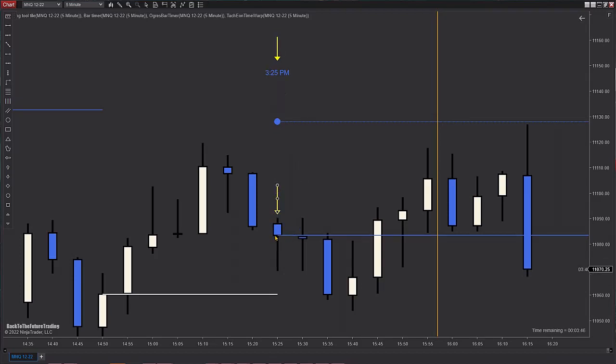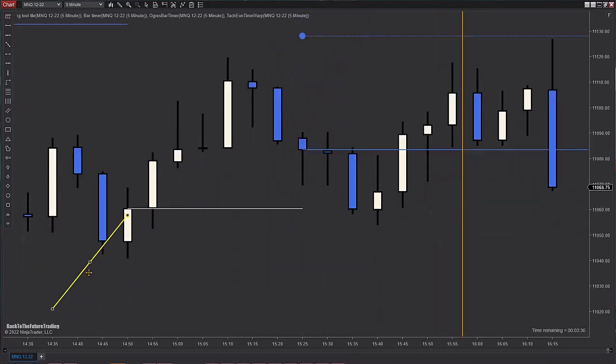Signal bar close same direction. Blue bar, blue dot. That equals inversion or long. This one slapped me around a little bit. I did not enjoy this. This was not pleasant. Had I not been using reverse polarity, then I would have been in a long here and done just great.